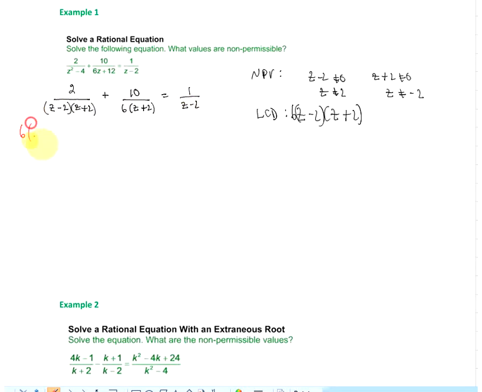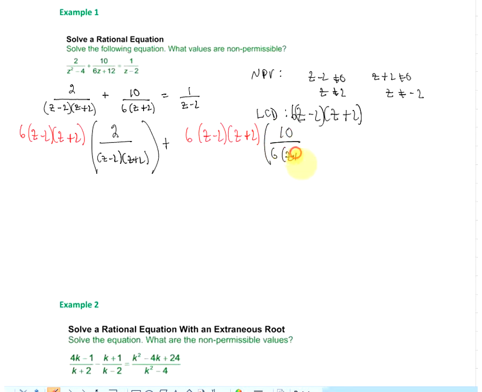Okay, so we're going to go 6 times z minus 2 times z plus 2 times 2 over z minus 2 times z plus 2 plus our LCD again, so 6 times z minus 2 times z plus 2 times 10 over 6 times z plus 2, and that's equal to our LCD again, so 6 times z minus 2 times z plus 2 times 1 over z minus 2.